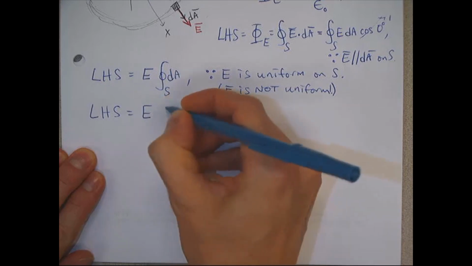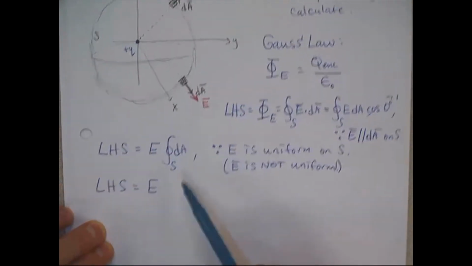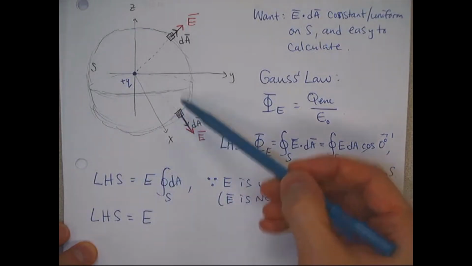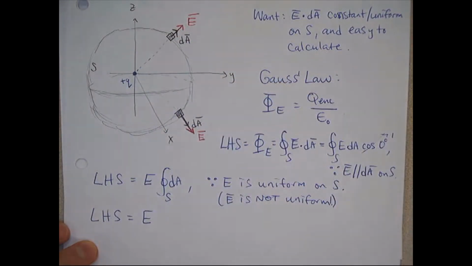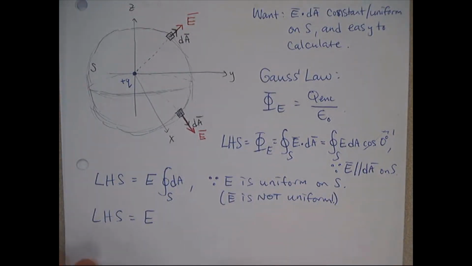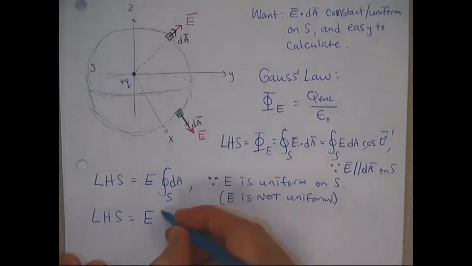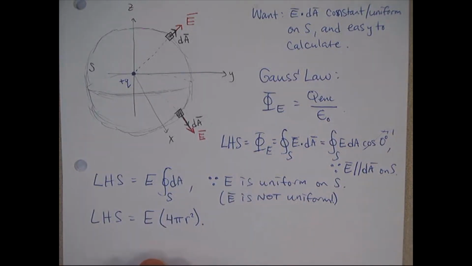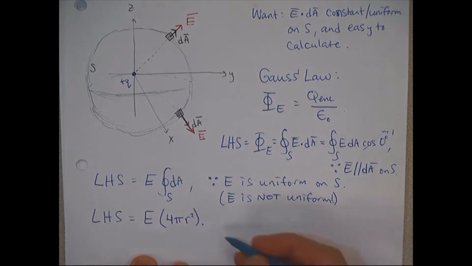Well, the next step then is to say, what is the integral sum of all of these little bits of area dA all over that surface? There's an infinite number of them, and I'll sit here and wait for you to count them. And then you can say, wait a minute, the surface area of a sphere is 4 pi r squared. All of those bits of area have to add up to the total surface area of a sphere.